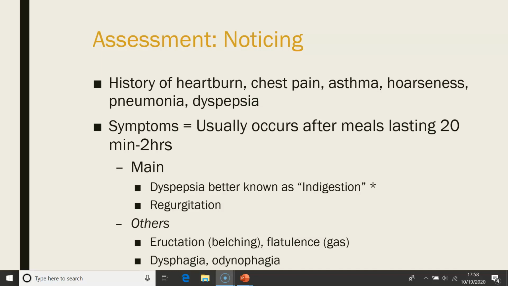The main symptoms are dyspepsia, better known as indigestion, and regurgitation. Other things can be belching and flatus, or dysphagia, or the odynophagia that we were discussing earlier, which is the painful swallowing. Okay? Regurgitation is the backward flow into the throat of food particles and fluid.